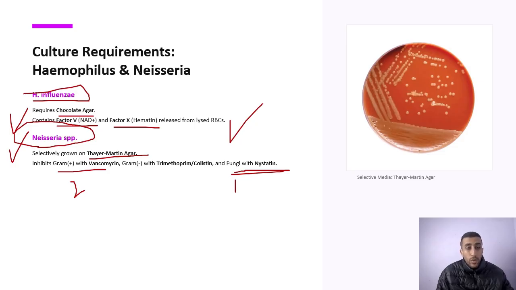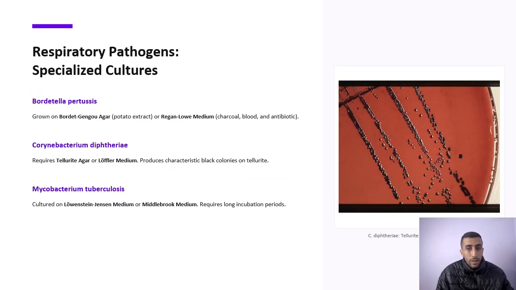Third, we eliminate other gram-negatives, other than Neisseria, with trimethoprim and colistin. So we add vancomycin to eliminate gram-positives, nystatin for fungi, and trimethoprim and colistin to eliminate other gram-negatives other than the Neisseria.